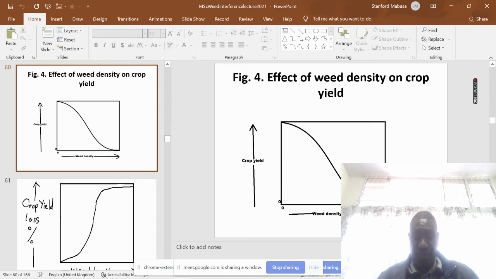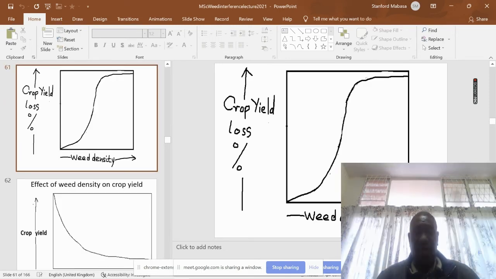Alternatively, we can plot crop yield loss on the y-axis and weed density on the x-axis. And when we do that, we also get a sigmoid curve according to Zimdal.